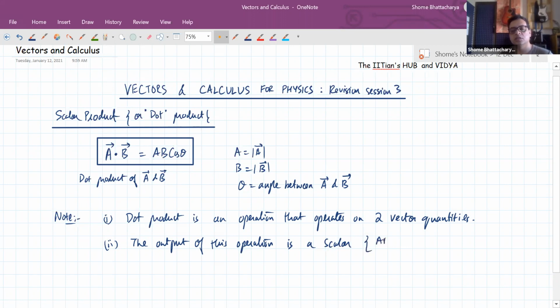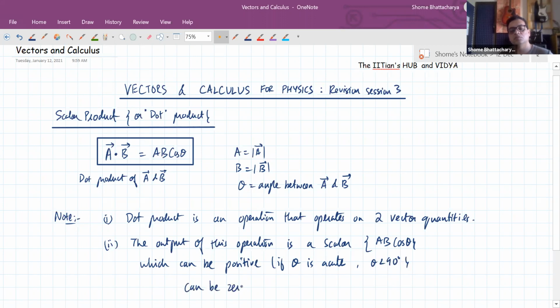That scalar is AB cos theta, which can be positive if theta is acute, that is theta is less than 90 degrees, can be 0 if theta is equal to 90 degrees.